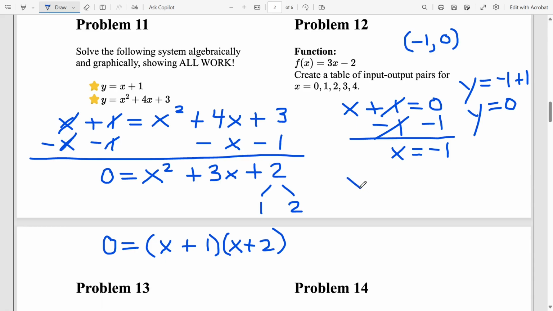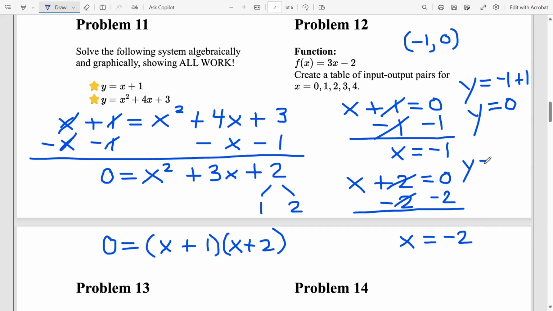I can also set x plus 2 equal to 0. And subtract 2 from both sides. 2 minus 2 is 0, so I get just x equals negative 2. And then, again, y equals x, and negative 2 plus 1.